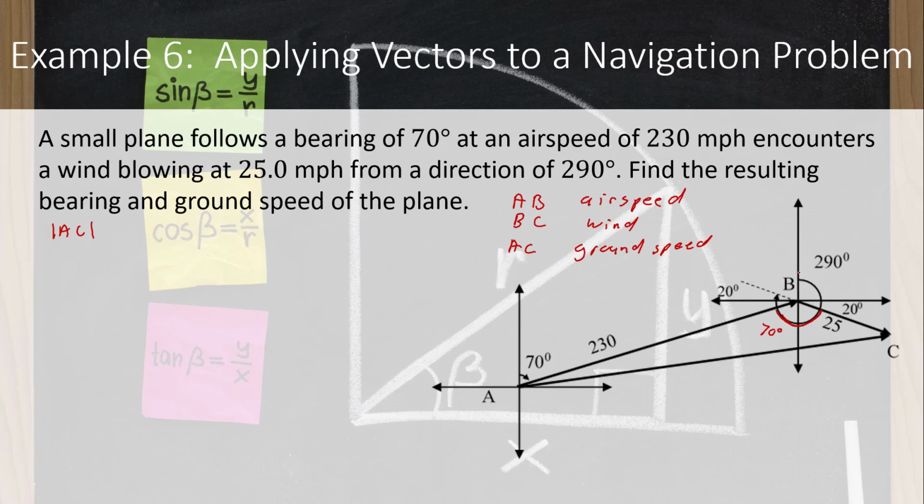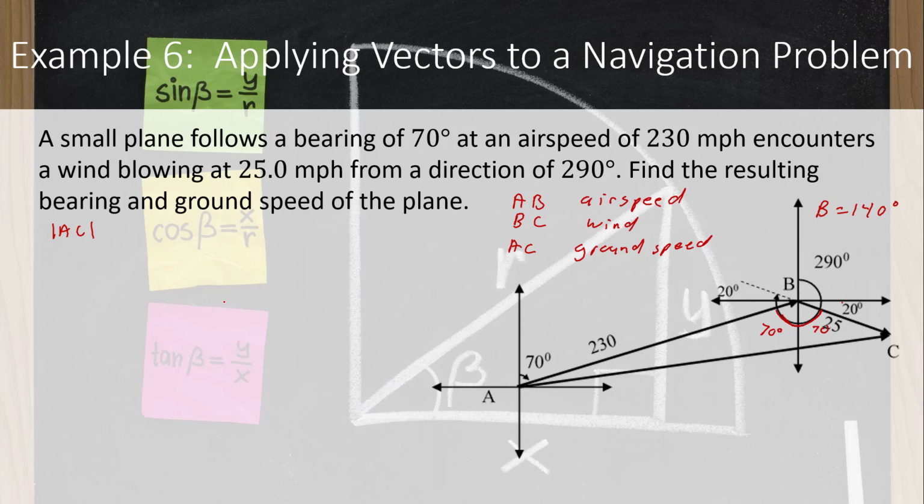Now, if this angle is 110 degrees, then this angle is 20. Okay? And if this angle is 20, then this angle, which is going to be the complement, has to be 70. So this is also 70 degrees, which means the entire combined angle is 140 degrees. So B, the angle B, is actually 140 degrees.